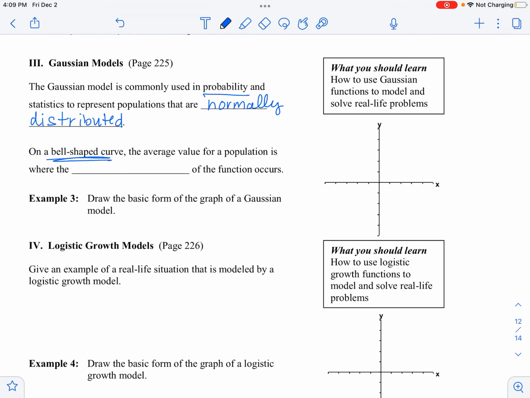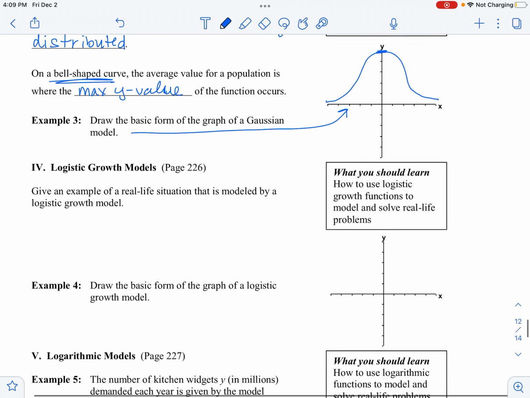On a bell-shaped curve, the average value for populations is where the maximum y value of the function occurs. So if this is our maximum y value, the shape of the model looks like this upside down bell. That's called a bell curve. And that's how we draw the basic form of a Gaussian model.